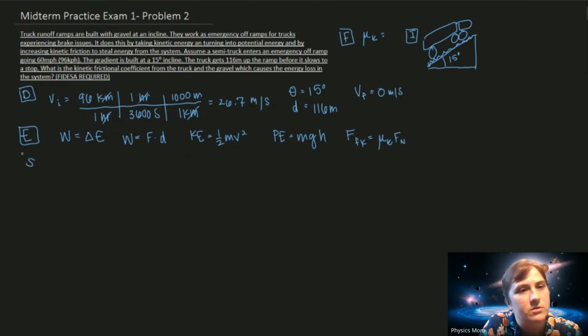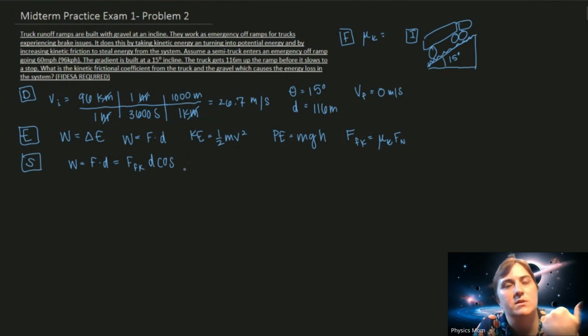Our S for solution set, I'm going to start with the fact that I know work is equal to the force dot the distance. In this case, the force I'm talking about is the frictional force, F_fk, and this is going to be times the distance times, in this case, the cosine of the angle between the two.